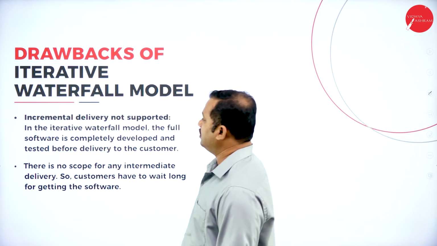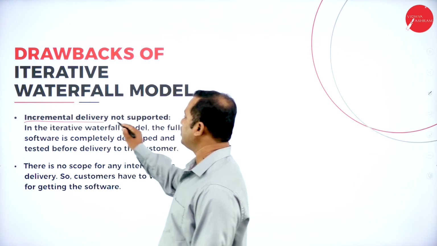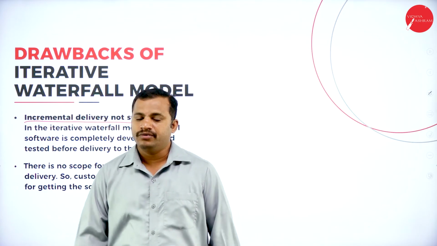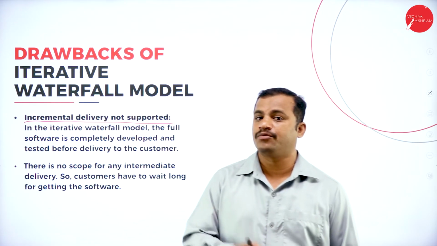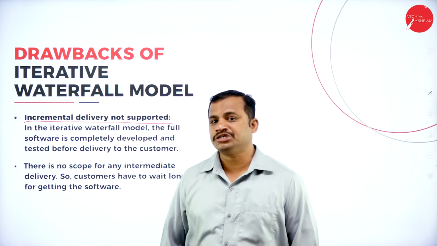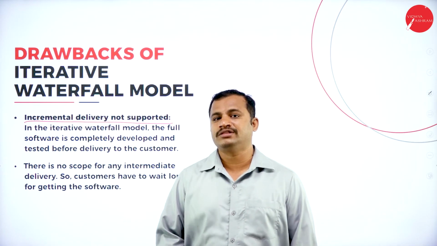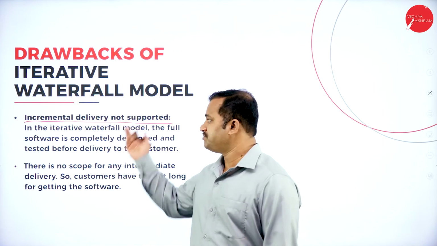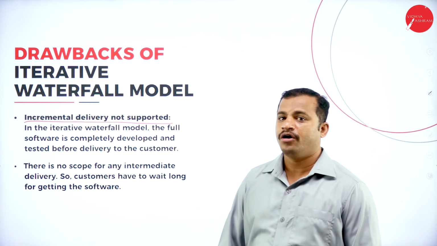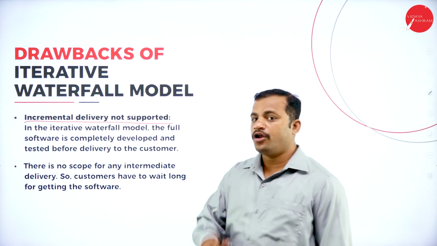And then another drawback is that incremental delivery is not supported. As such, you have identified incremental delivery in the case of the incremental waterfall model. At every iteration, you can make changes and modify the system according to the requirements of a client. That is not possible with the incremental delivery of the waterfall model.